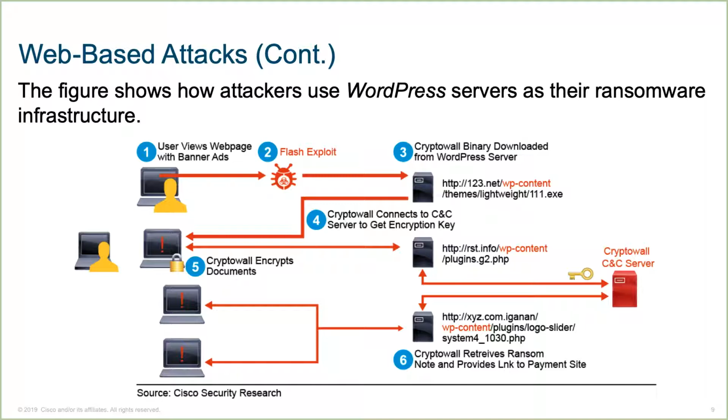So an example of a web-based attack might be a user going to a website that has maybe banner ads or multiple different types of Flash content, and there being a Flash exploit. The Flash exploit could then be used to copy the previously uploaded CryptoWall binary, and we talk about CryptoWall in another part of these recordings.